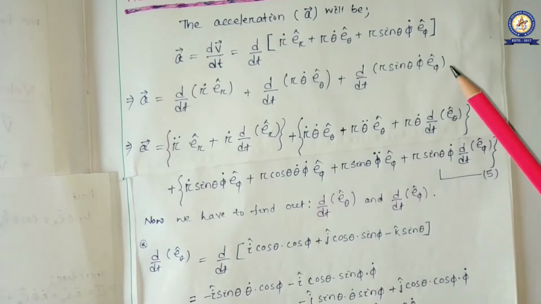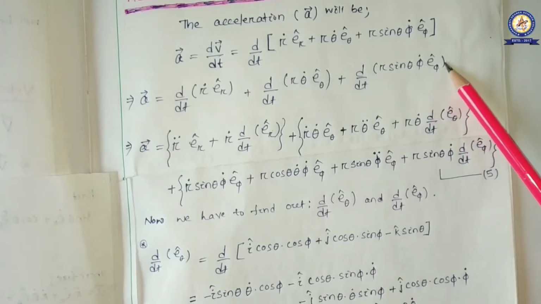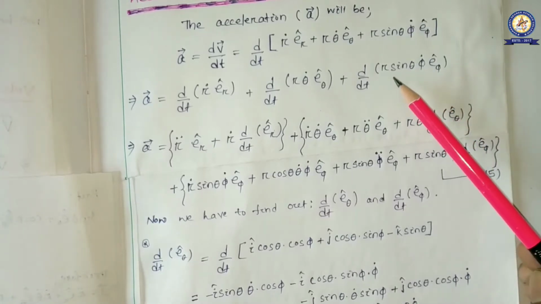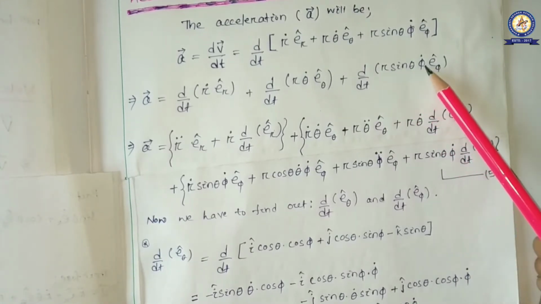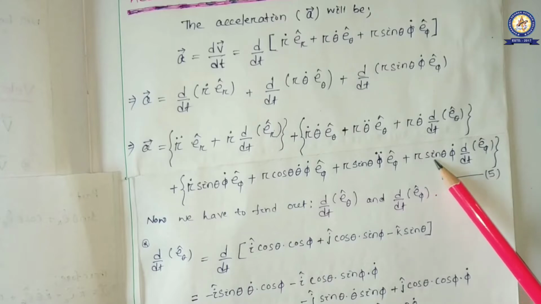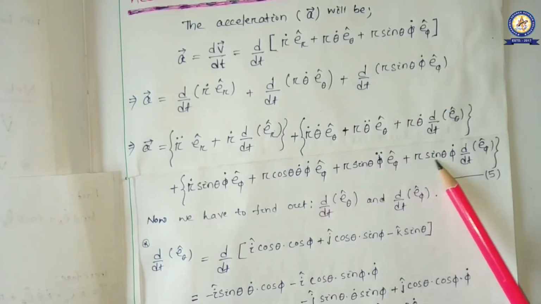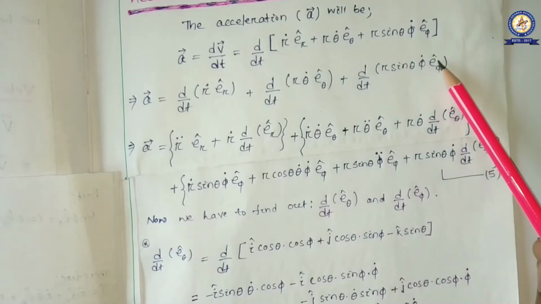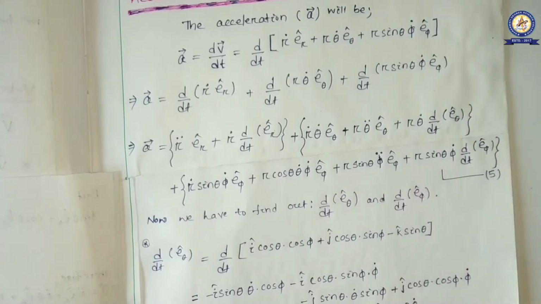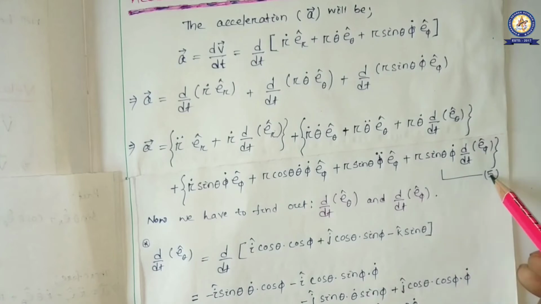Now we have to consider d by dt of e_phi cap, where r sin theta phi dot will be written as such. So r sin theta phi dot d by dt of e_phi cap. Let this be equation number 5.